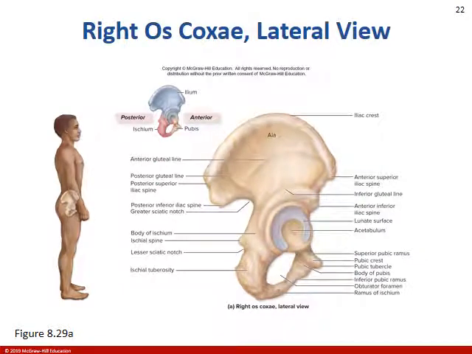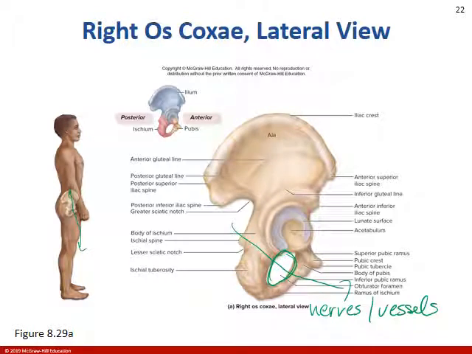So on the previous slide, I alluded to the obturator foramen. Why do we have the obturator foramen? Well, some nerves and blood vessels are going to travel from the pelvic area to feed the anterior portion of the leg or the lower limb. So some nerves and some vessels are going to pass through this obturator foramen and innervate the anterior portion of the lower leg.